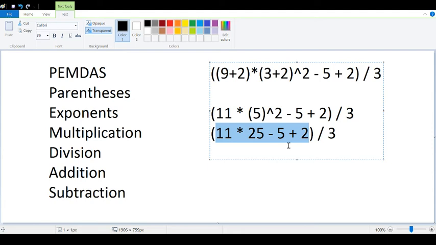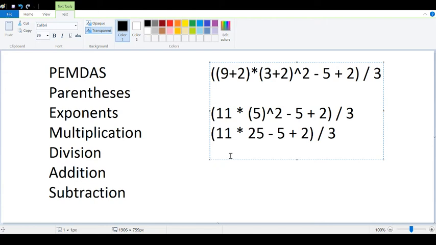We're done with our exponents. Let's move on and see if we have any multiplication and or division. And why I say and or is because when you get down to the MD and the AS part of PEMDAS, you can actually do multiplication and division in any order, or whatever order seems to fit.